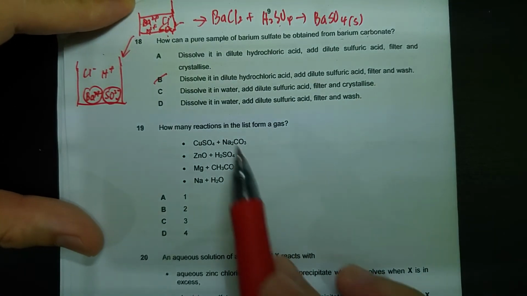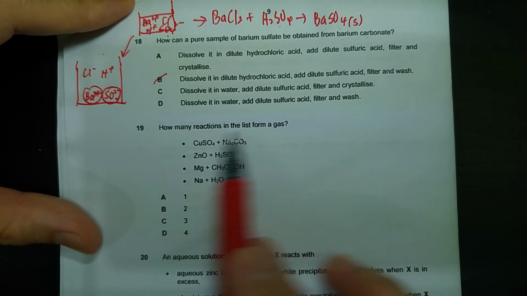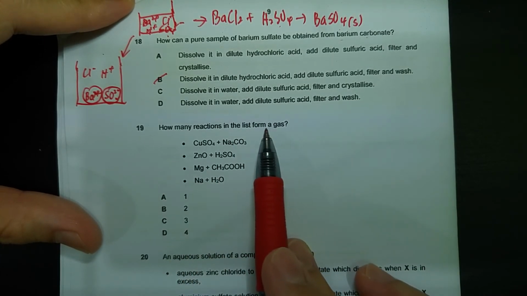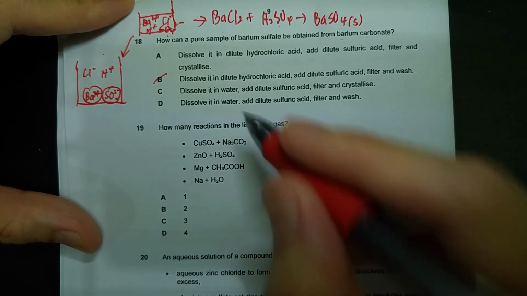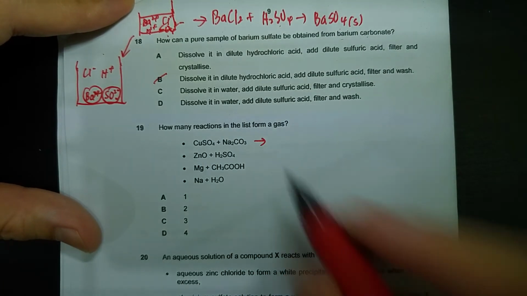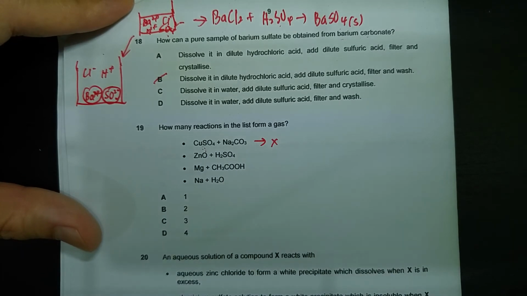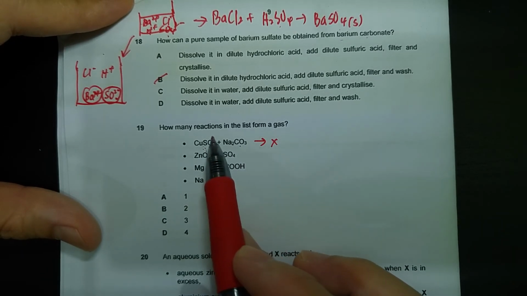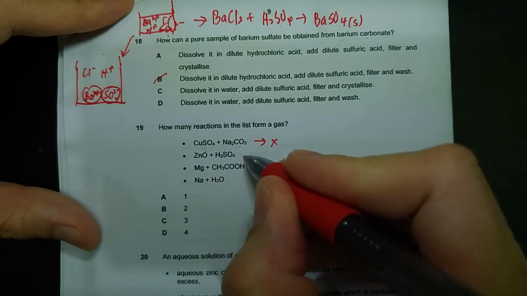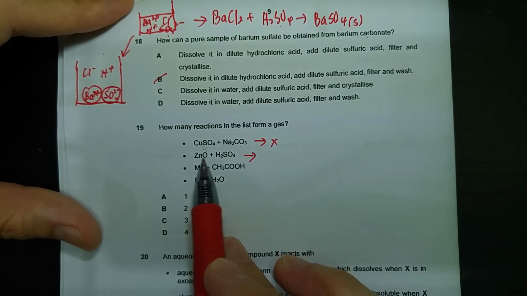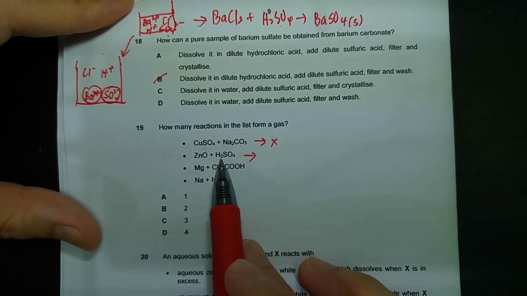Number 19. How many reactions in the list form a gas? Does it form a gas? No. You have copper sulfate and sodium carbonate. There is no gas. This is a carbonate; if you have acid, then there will be a gas. How about zinc oxide and sulfuric acid?